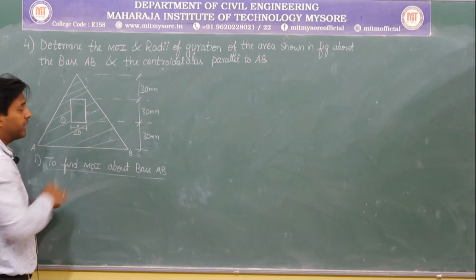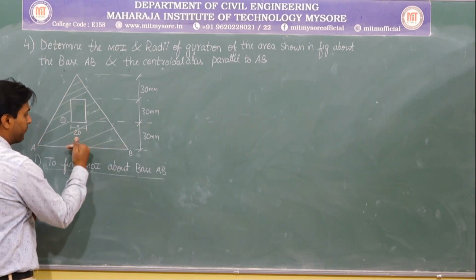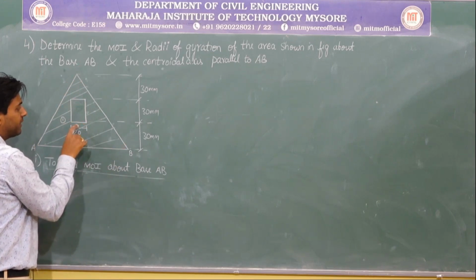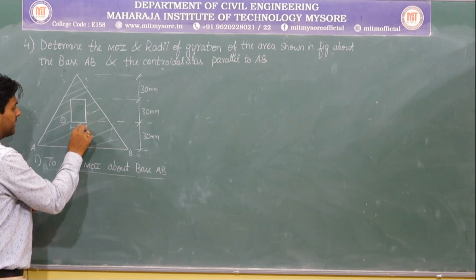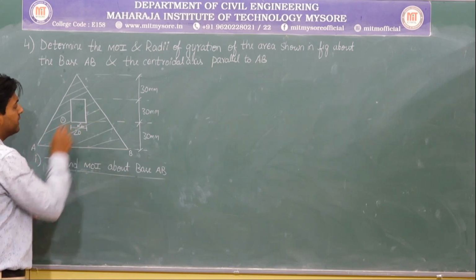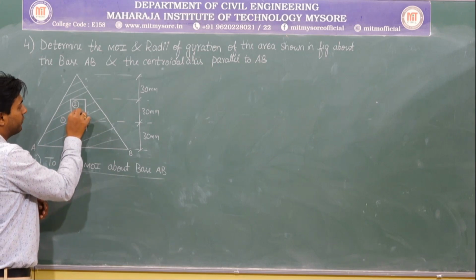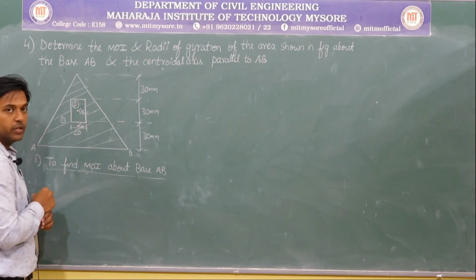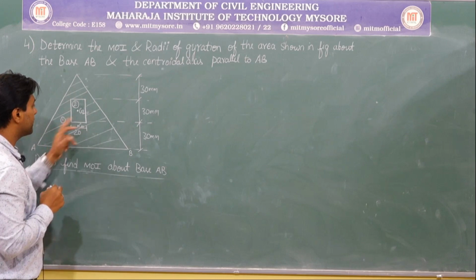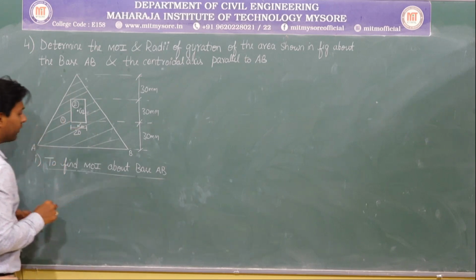I think you know that for a symmetric triangle from the base, it is at h/3 distance. I will be calling this G1, and this is the first one. Second, I will be calling this a rectangle. The centroid for this will be G2. So, totally we have two diagrams in it. Let me calculate the area of that.